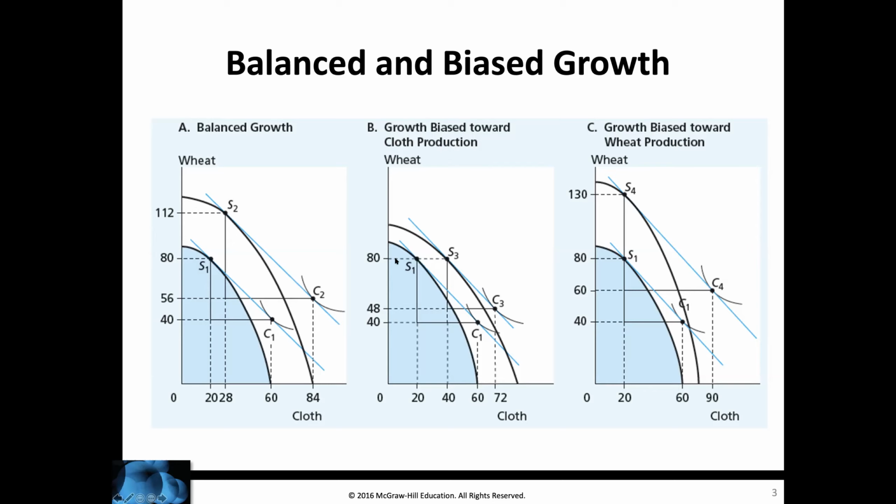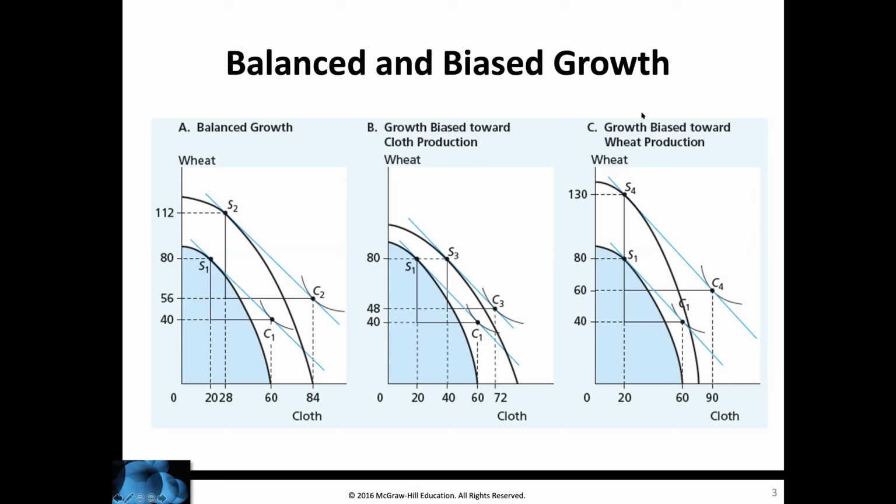You can see there's no increase in production of wheat, only an increase in production of cloth from 20 to 40. And while there are still some imports because of our consumption at C3, we're less willing to import because of this production possibility curve shifting outward. You can see that it's almost close to this production possibility.